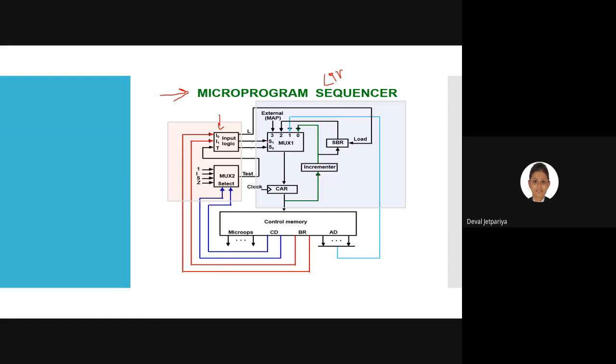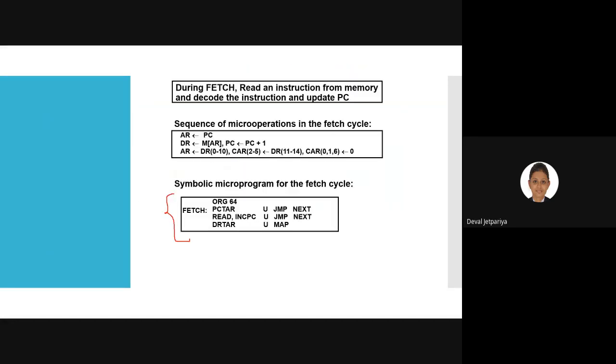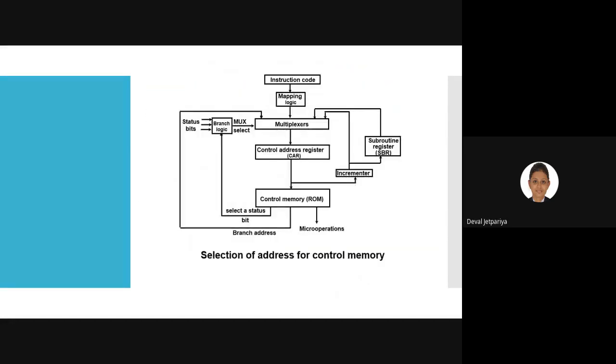Fine. So let's see what things they have specified over here. Now see, they have used a total of two multiplexers, MUX 1 and MUX 2. Now you might see some similar or relevant things which we had already discussed earlier. See this multiplexer, this control address register, memory, incrementer, subroutine, this mapping logic.